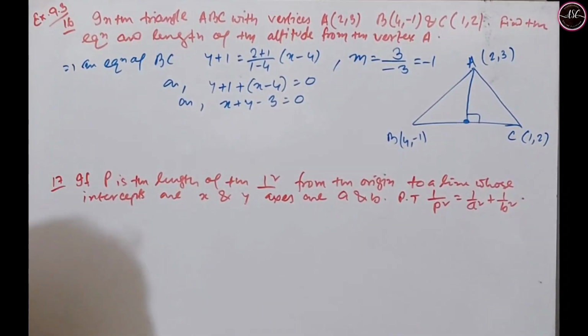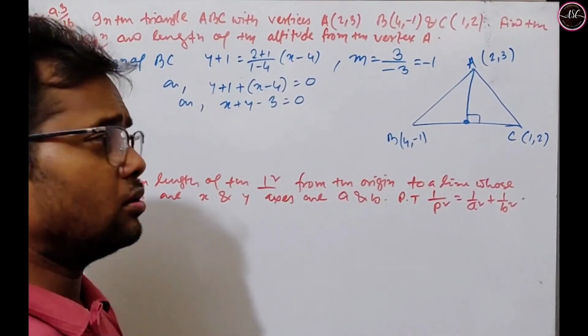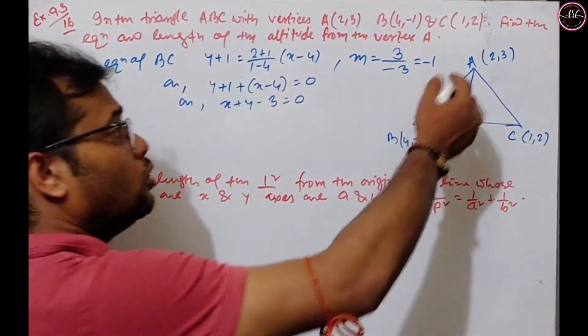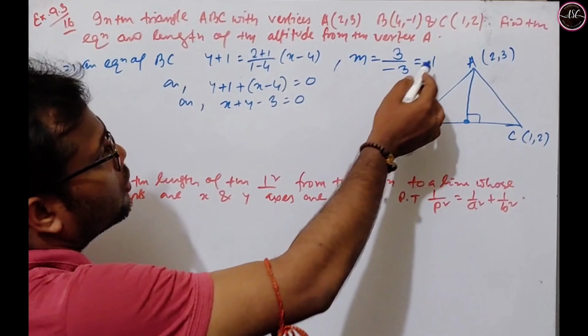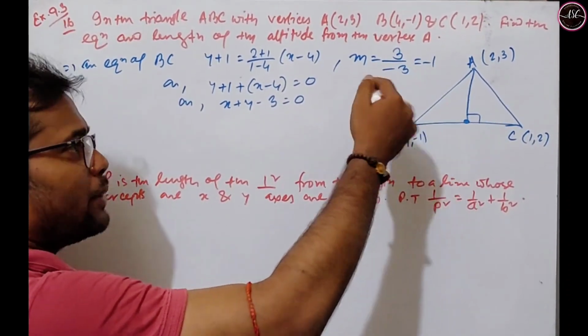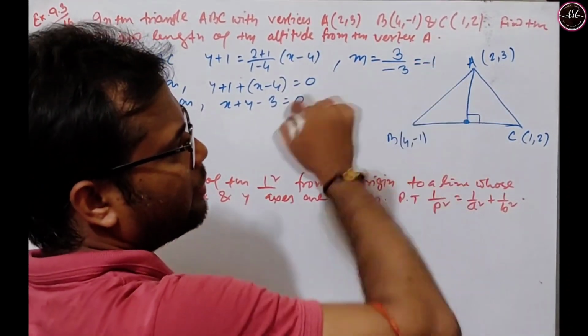And the equation of the perpendicular passing through A. The perpendicular slope is minus 1 divided by m.